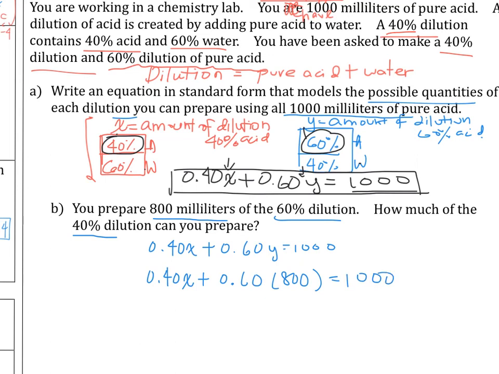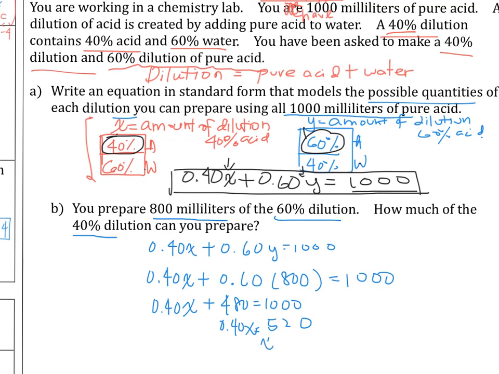So 0.60 times 800 is simply 480. And 0.40x equals 520.